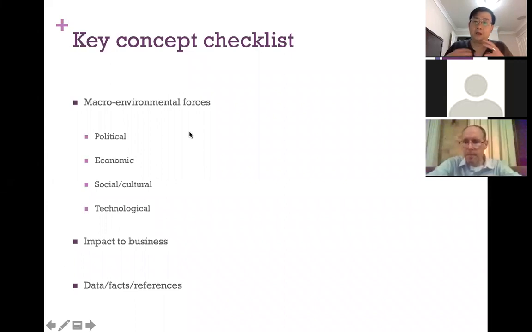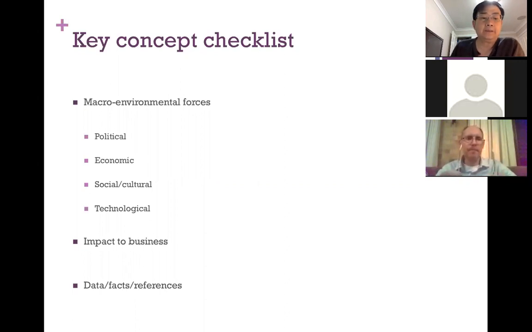I just want to highlight that when it comes to analyzing these forces, make sure you focus on the impact to business: what the specific forces, what the specific factors are, and what the impacts to business are. In doing so, please research the data, facts, or references. You can insert references.